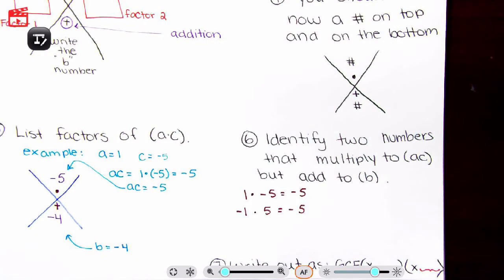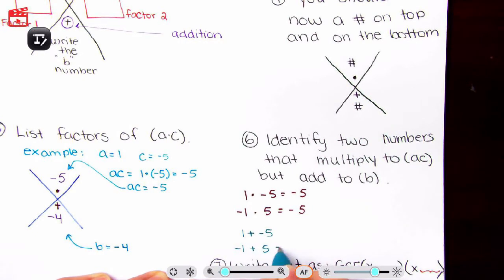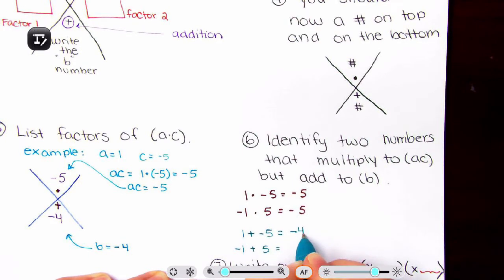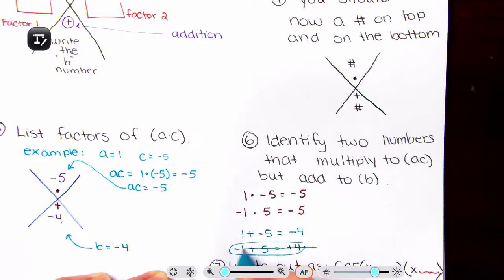So now I'm guessing which one it is. Because not only do I need it equal to -5, I need to add these two numbers to see which one's going to give me a -4. 1 plus -5 is in fact -4. -1 plus 5 is a +4. So this one here does not work.